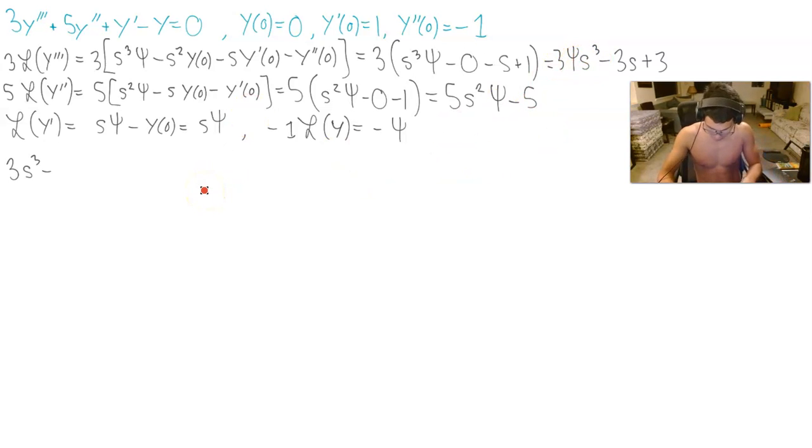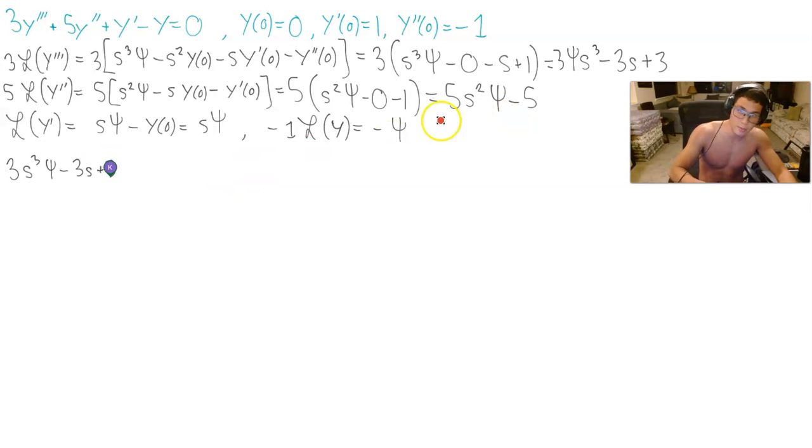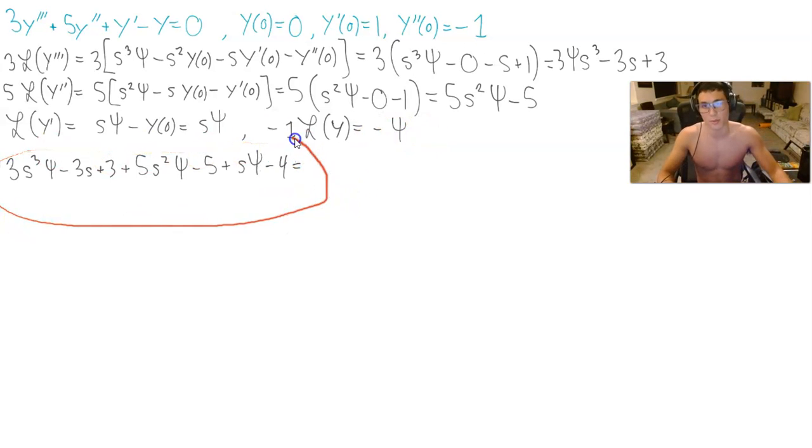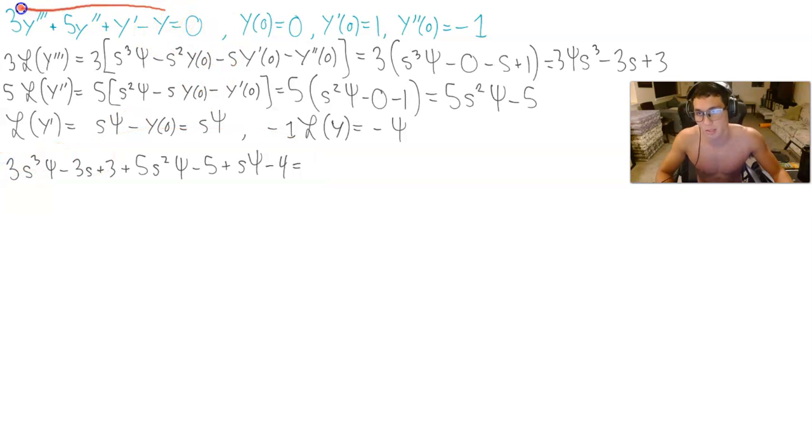It's going to be 3 big Y minus 3s plus 3, then plus this, plus 5 s squared big Y minus 5, then plus this, and then plus this. And if we did this correct, it should look like the auxiliary equation to this.